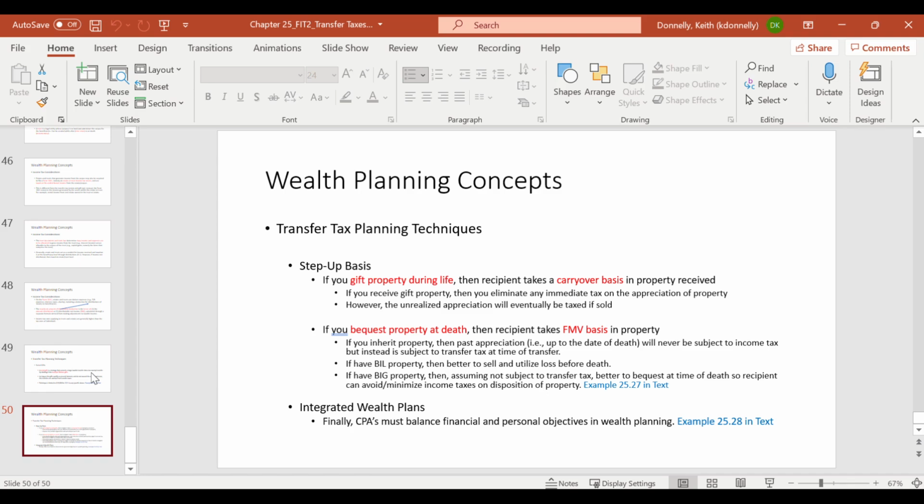If grandson gets it, it's worth 25. That's his basis. If he then sells it, he's going to have no gain because his amount realized is going to be 25, what it's worth. He's going to back out his basis, grandson's basis of 25, that's stepped up, no gain or loss. And you compare that with if grandpa himself were to sell it for 25 and his basis is 10, he'd have a $15,000 taxable gain.